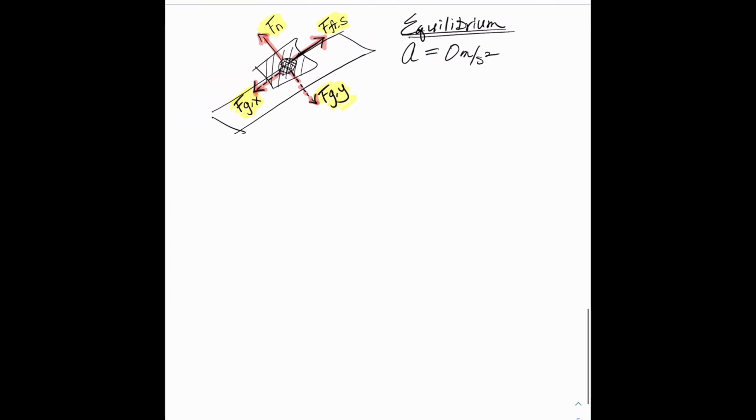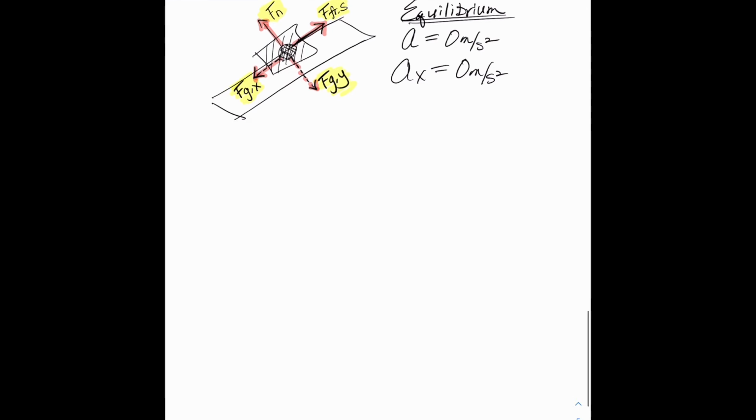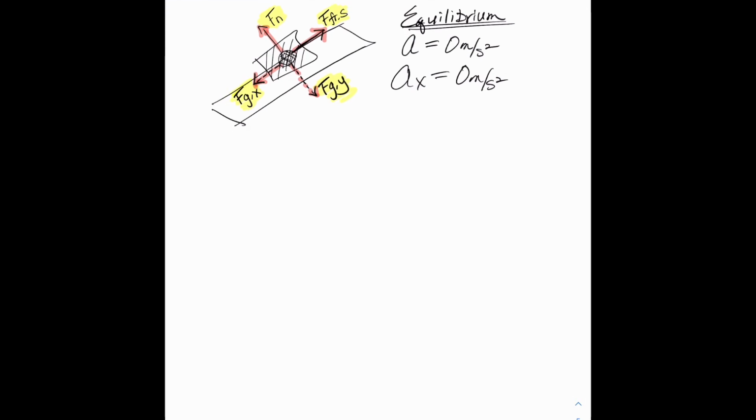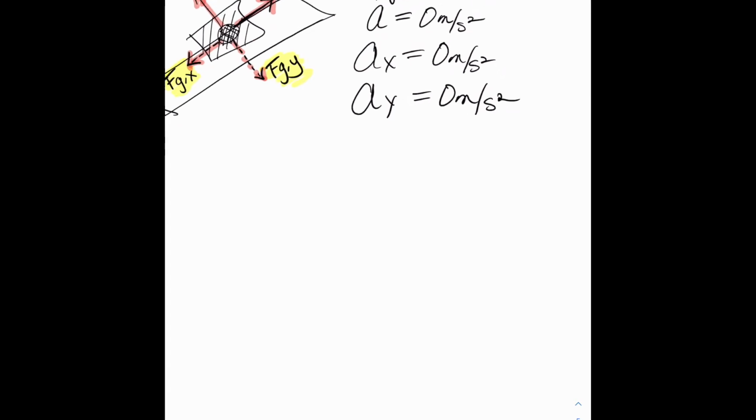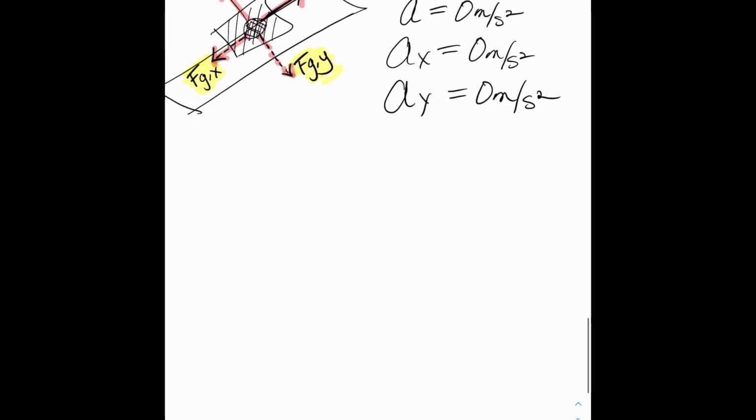In these situations, we're going to have ax equal to 0, meaning the acceleration in the x direction, or up or down the incline in this case, and the acceleration in the vertical direction, into the sky or through the plane, is also going to be 0. So that's what we mean when we say equilibrium, that these accelerations are equal to 0.